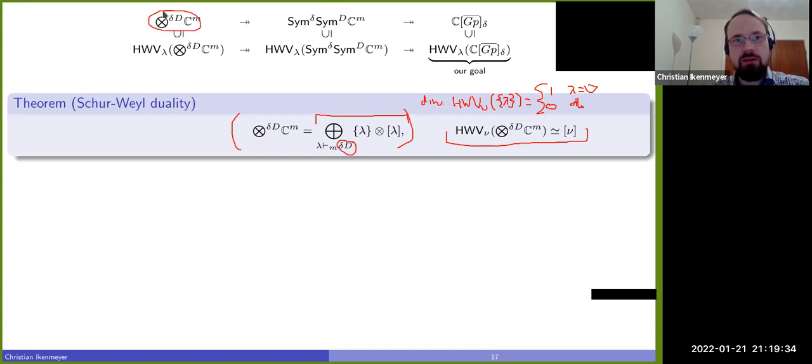So we can only have exactly delta times D boxes, and also here there can only be that exact number of boxes, nothing else. The number of boxes is precisely delta times D, and at most M rows still. So the number of different partitions that could potentially be there is still a finite set from which we have to choose.